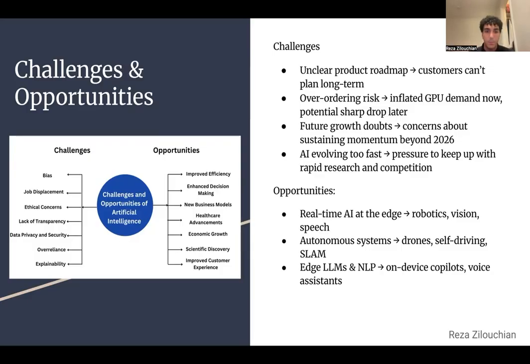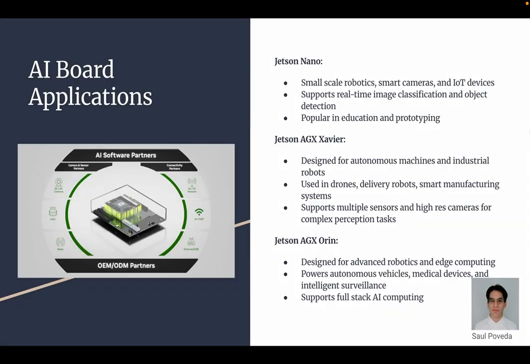We also see an edge with LLMs and NLP. We're seeing AI boards power on-device copilots and voice assistants, reducing reliance on the cloud. So overall, while the challenges are real, the opportunities show why these boards are becoming essential in the future of engineering and AI.